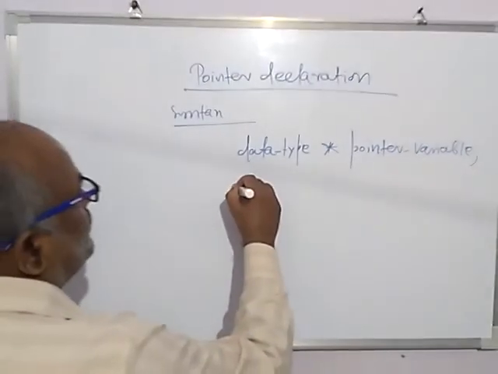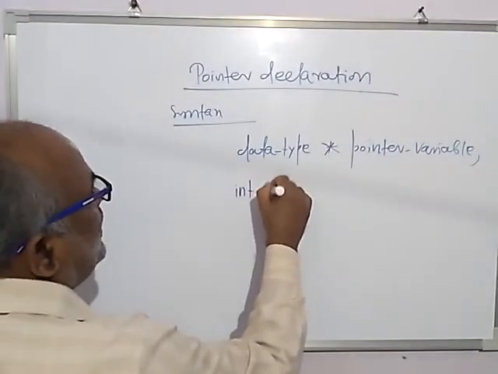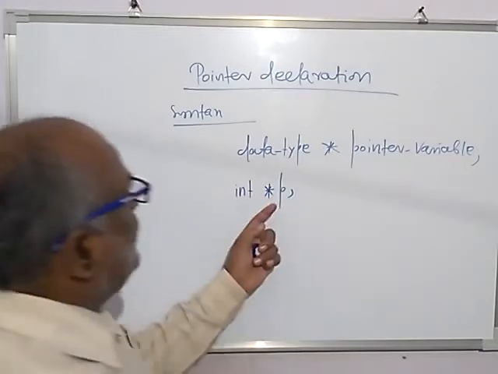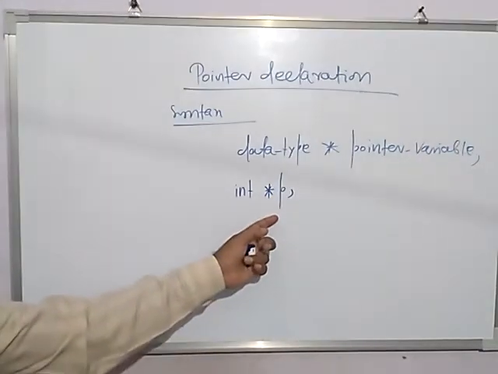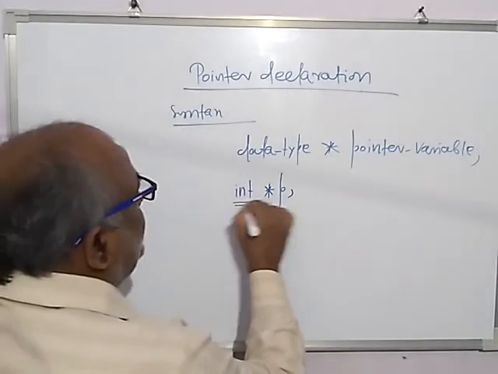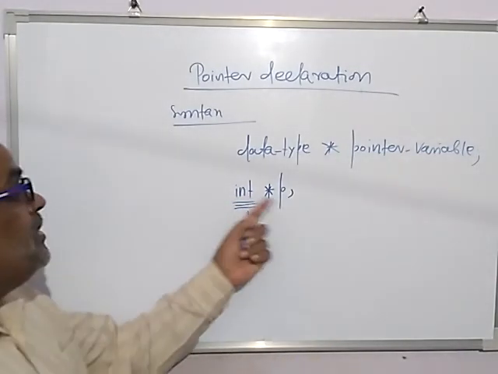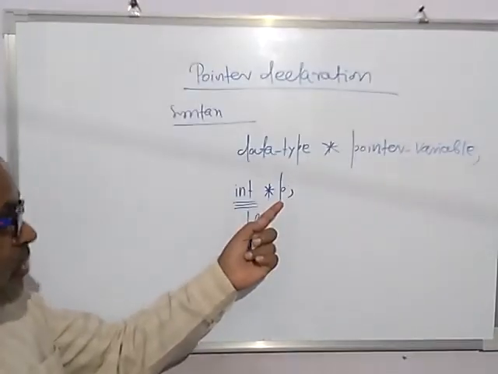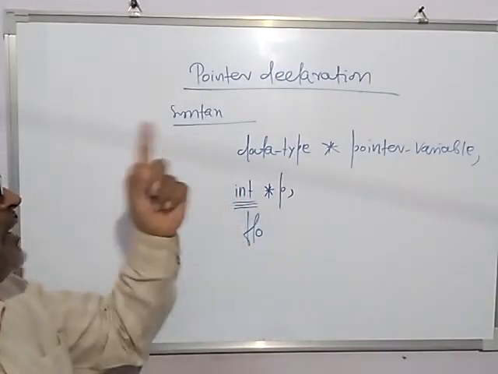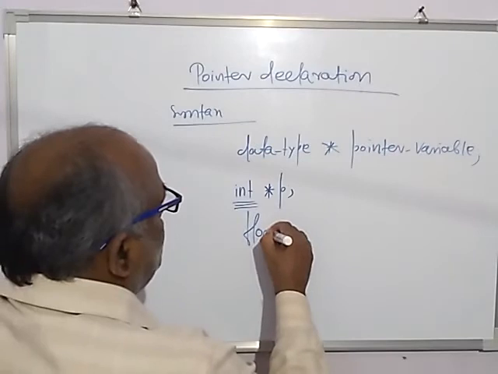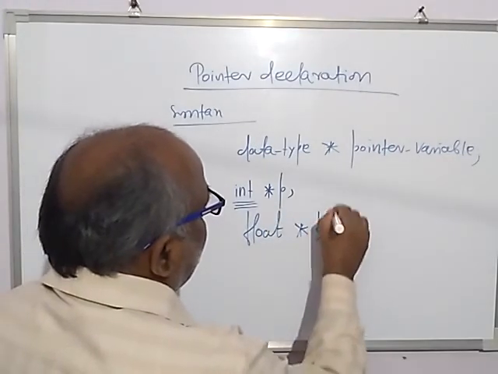So what is the example? Int star p. So here p is a pointer variable which can store the address of integer type data. Similarly, float star fptr.